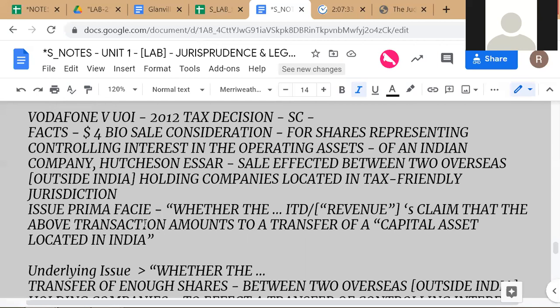So the issue prima facie was whether the income tax department's claim that the above transaction amounts to a transfer of a capital asset located in India is correct. Now, I could state this a little more elegantly, but this is basically it. Now you notice that the above transaction will bring into the picture the names of Vodafone, Hutchison SR. It will bring into the picture the actual amount of the sale.